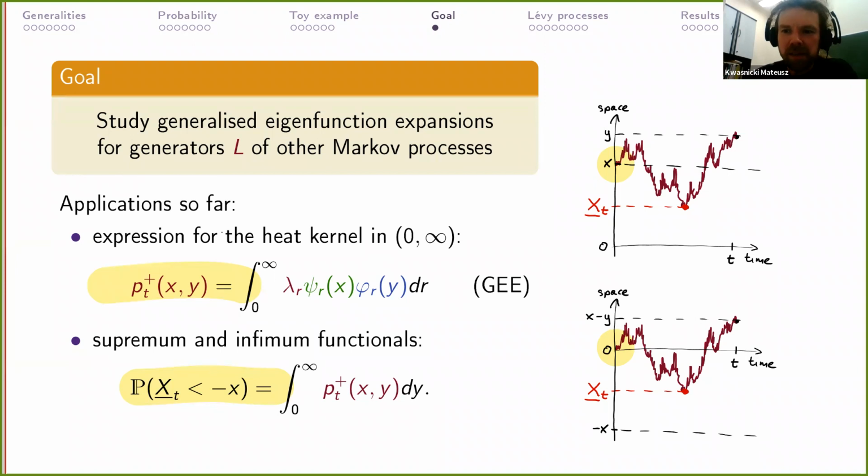When it comes to other applications, I'm not really aware, but I find it personally very interesting to see to what extent one can develop this theory of generalized eigenfunction expansions for non-normal operators. As far as I know, there are no general results.